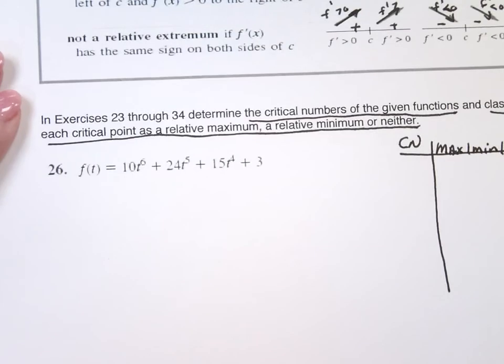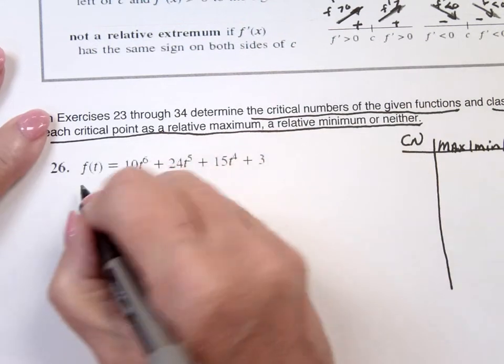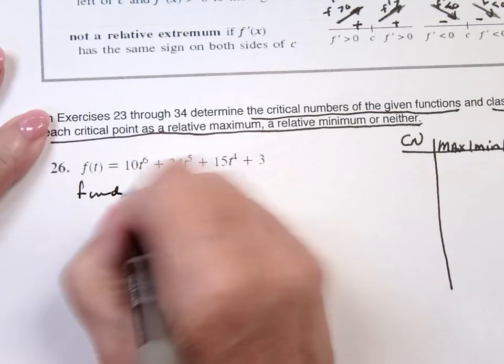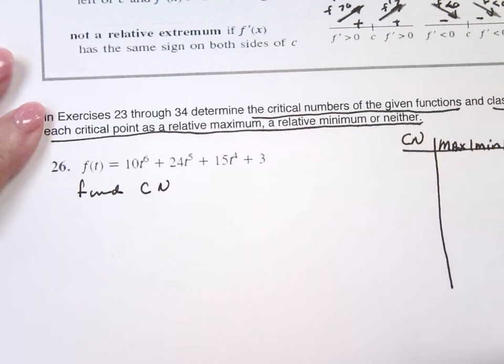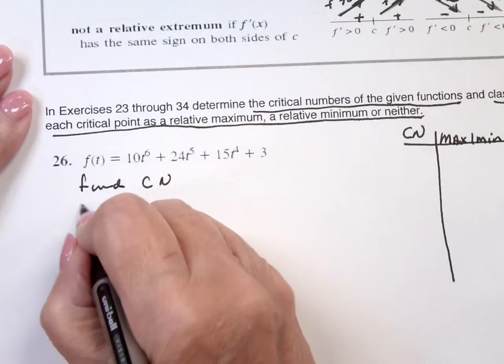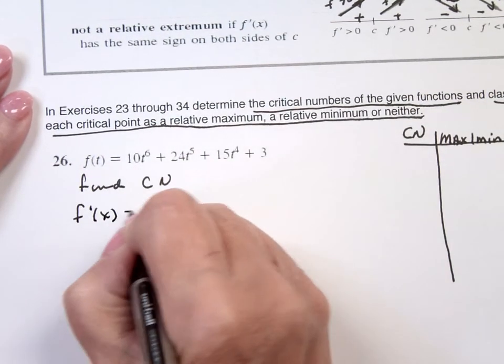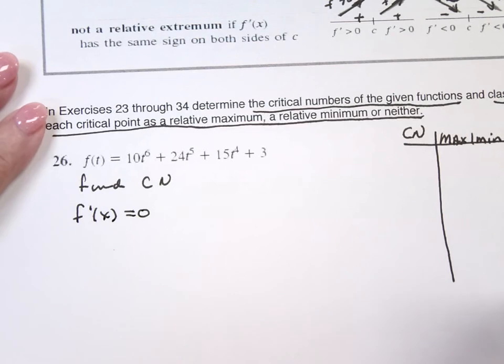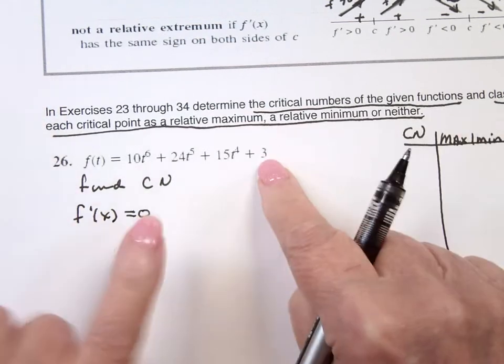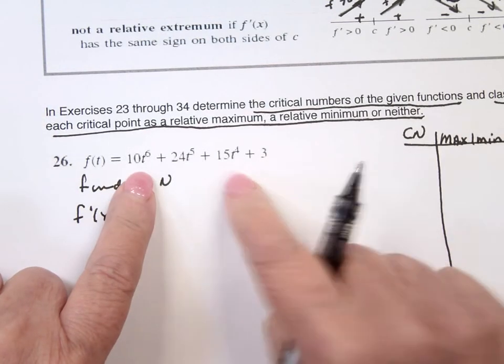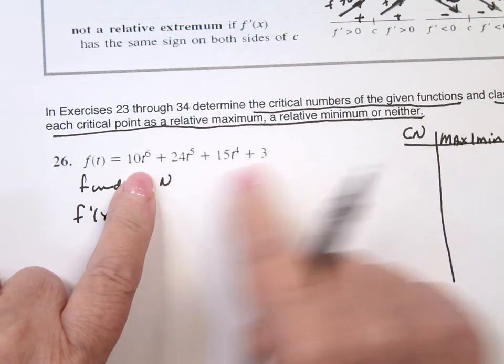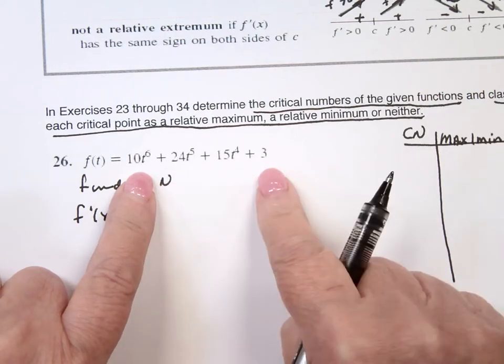So the first thing I want to do is find the critical numbers. I want to know where f prime of x equals 0, or f prime does not exist. F prime is going to exist everywhere here because the domain is all real numbers. Not going to be any problem.